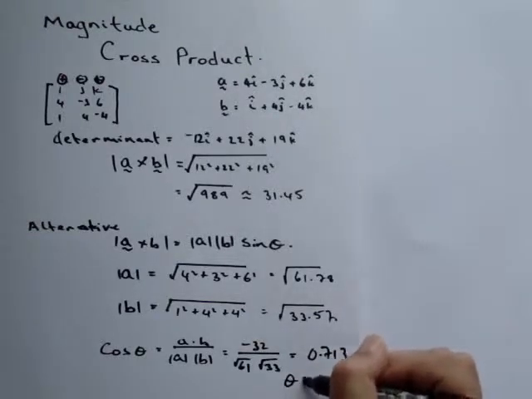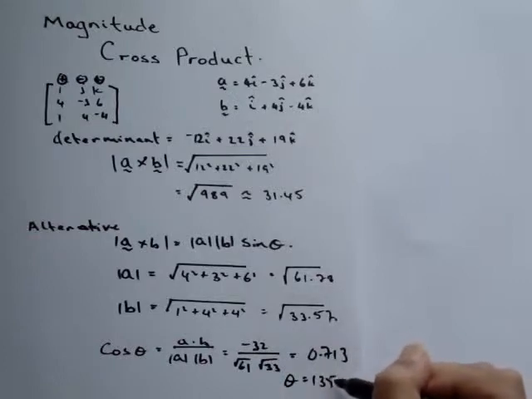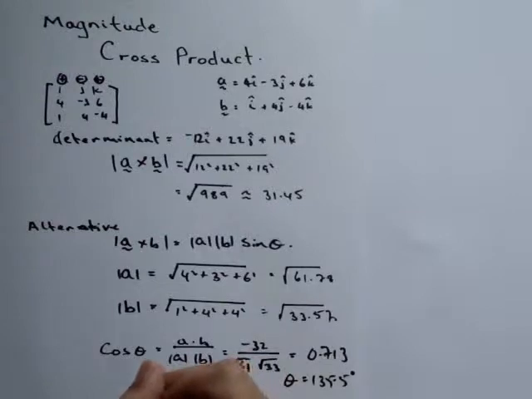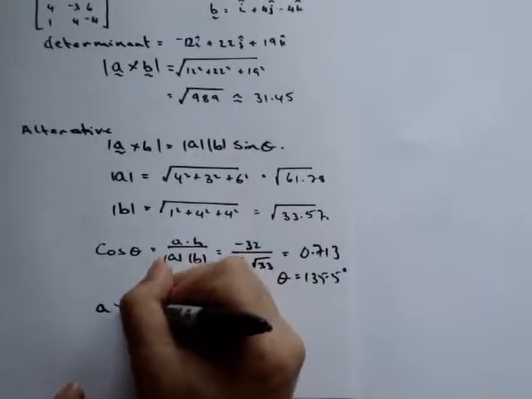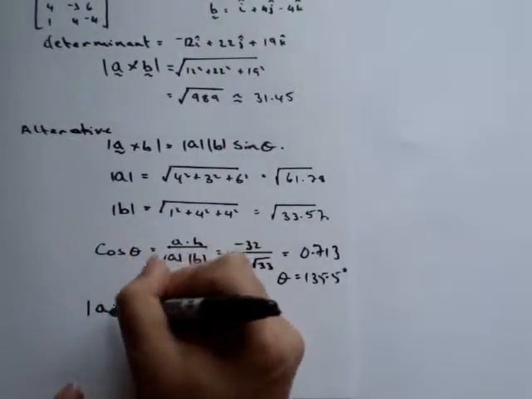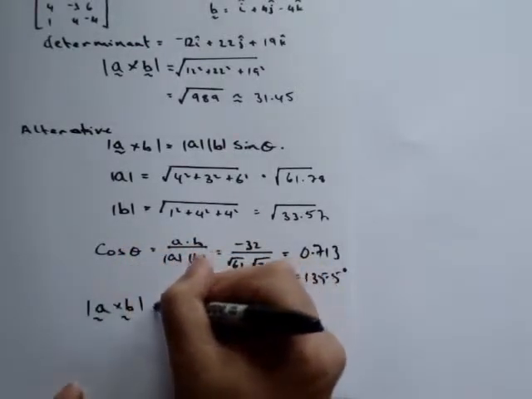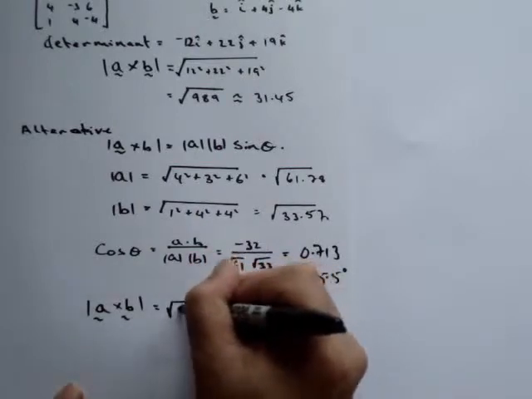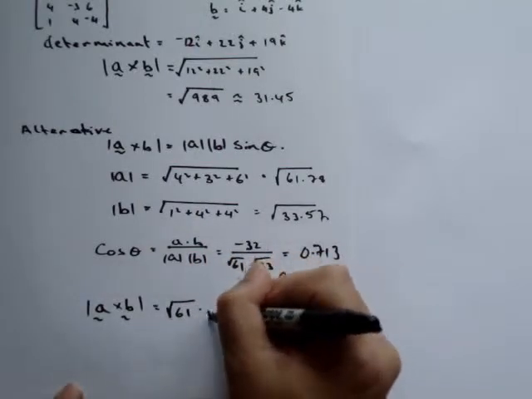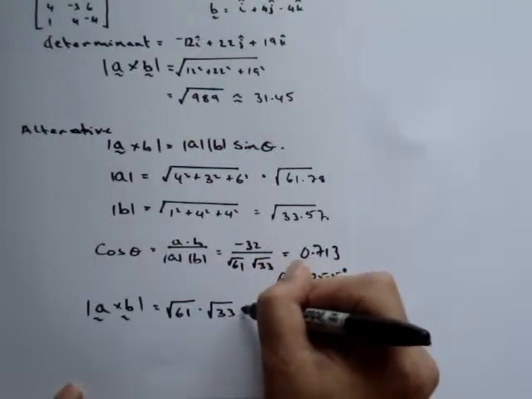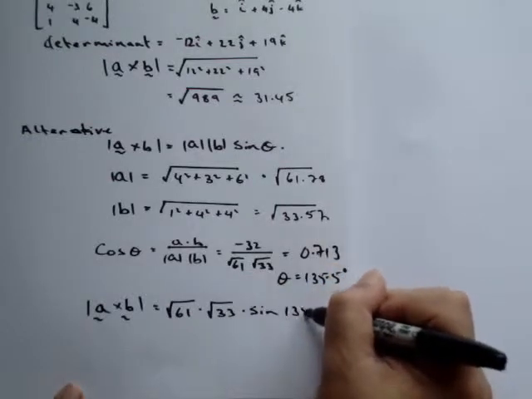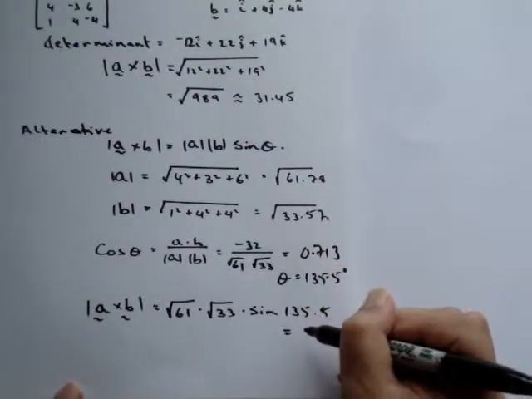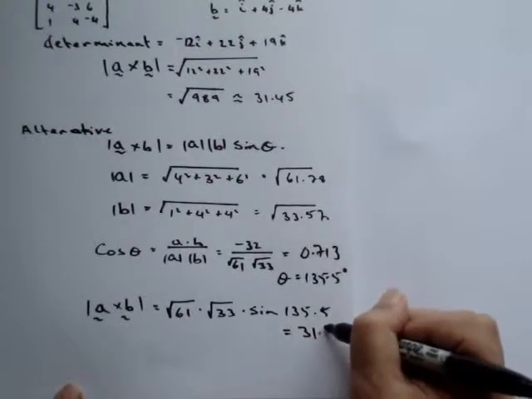So our theta then equals 135.5 degrees. And using that we get the magnitude of A cross product B equals square root of 61 multiplied by square root of 33 times sine 135.5, and that again equals 31.45.